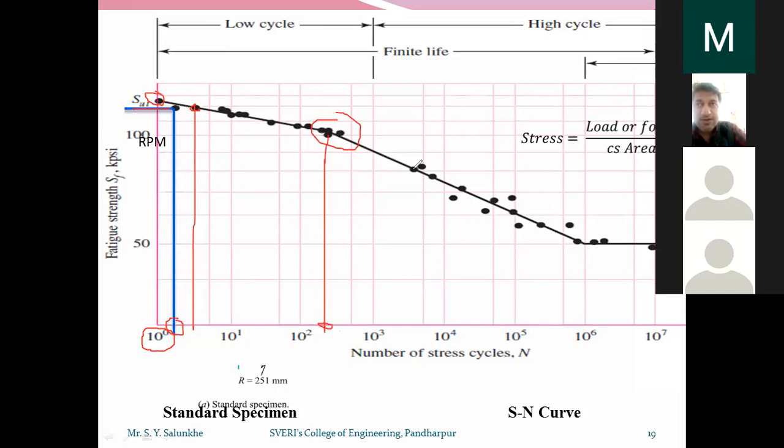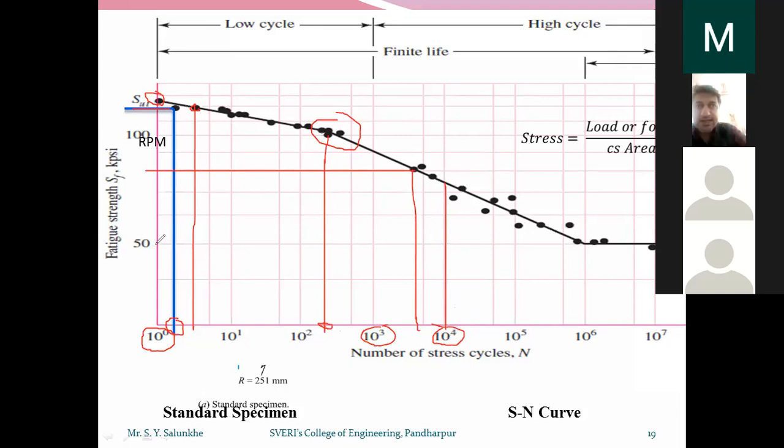Later on, again we can reduce the stress, and at a particular value suppose the failure is going to occur, then we can say that amount of stress will be sustained by the standard specimen, and failure will occur somewhere around 10 to the power of 4 cycles.